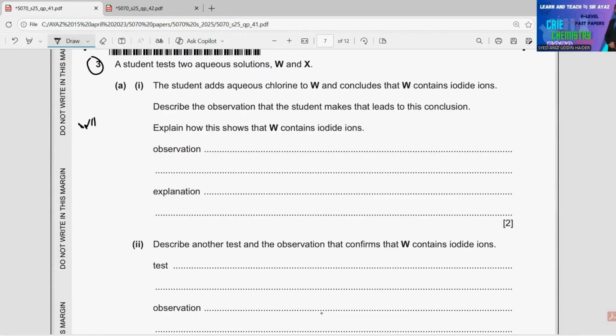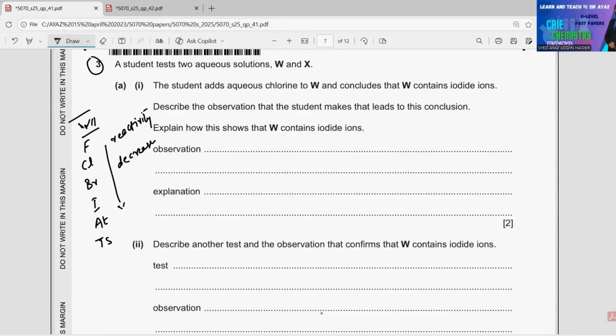In group 7 we have chlorine, bromine, iodine, astatine, and tennessine. The reactivity decreases down the group, which means that the halogen at the top of the group will be able to displace the halogen below it. We are passing chlorine to a solution containing iodide ions. Chlorine is more reactive than iodine. It will definitely displace iodine from W.